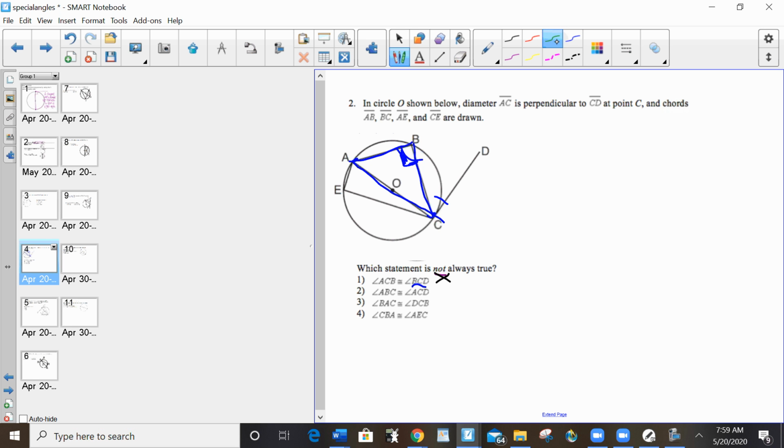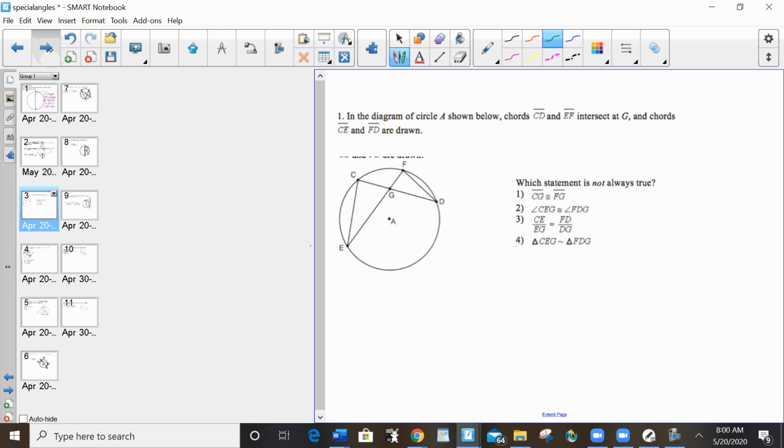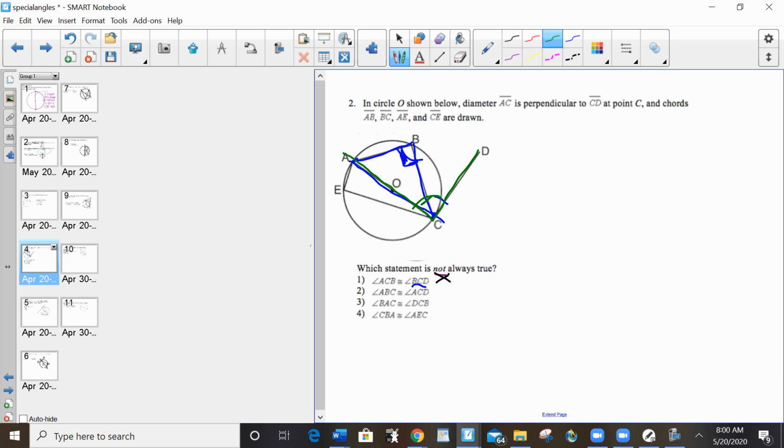Well, there's something special going on here. ACD is a tangent meeting a diameter, and we said when a tangent meets a diameter, it forms a right angle. So are those angles congruent? Yes, because they're both right angles. They're not inscribed to the same arc, but they both intercept arcs of 180. They're both right angles. They're the same.